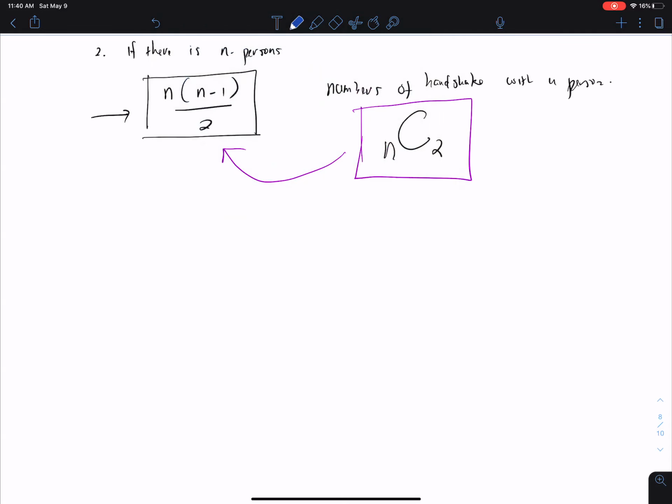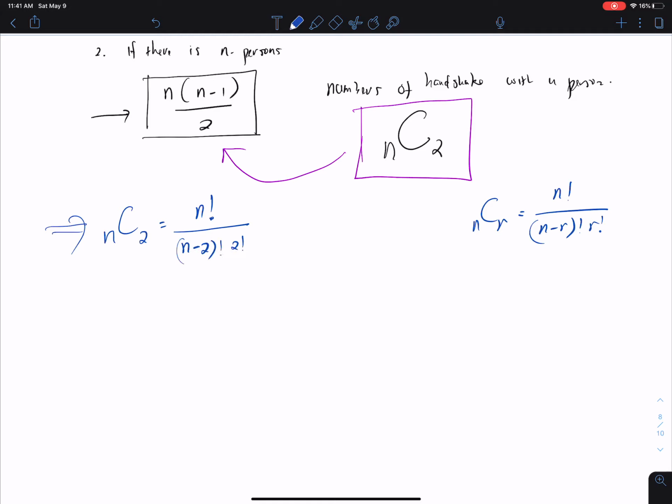Because if we expand combination n2, remember the formula for combination nr is n factorial divided by n minus r factorial times r factorial. So we can expand this combination n2 to become n factorial divided by n minus 2 factorial times 2 factorial.